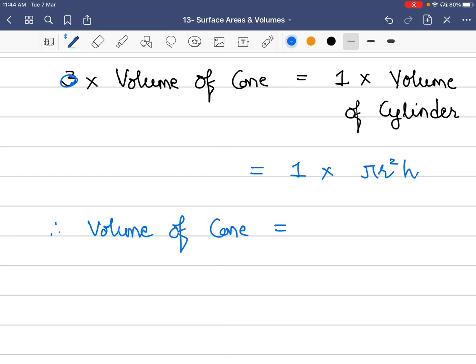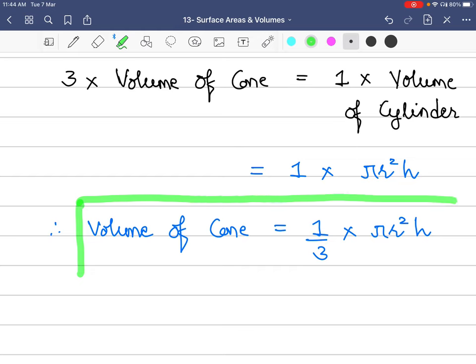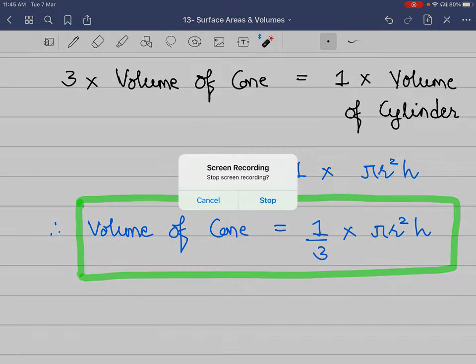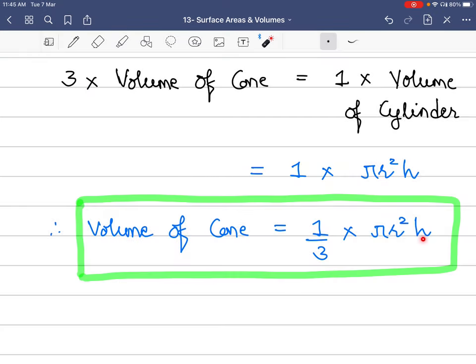This 3 will come to the right hand side of the equation. So it's going to be 1 by 3 the volume of the cylinder, which will be 1 by 3 pi r square h. That's it. Let's box it. This is the formula to calculate the volume of any cone which will have this radius r and this height h.